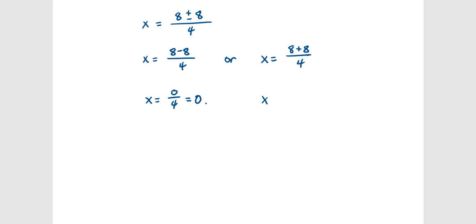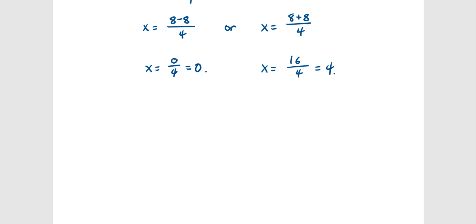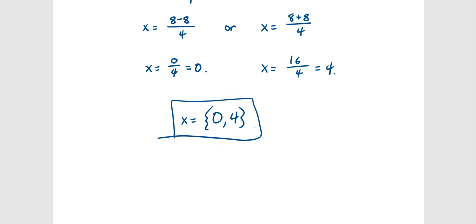And the one on the right, we get 16 over 4, which simplifies to just 4. Okay, so that is our solution set. We have 0 and 4. So hopefully you realize when we originally got everything on the same side set equal to 0, this would have been one of the examples that could have actually factored for us.